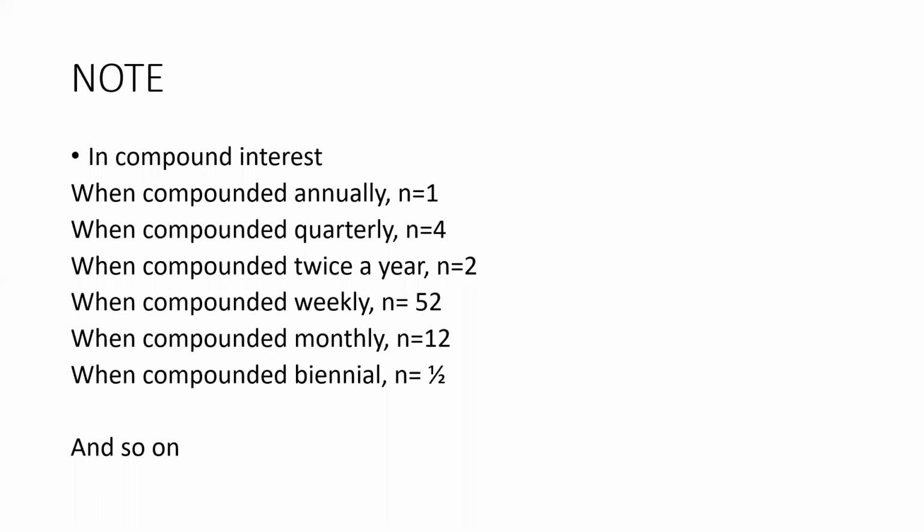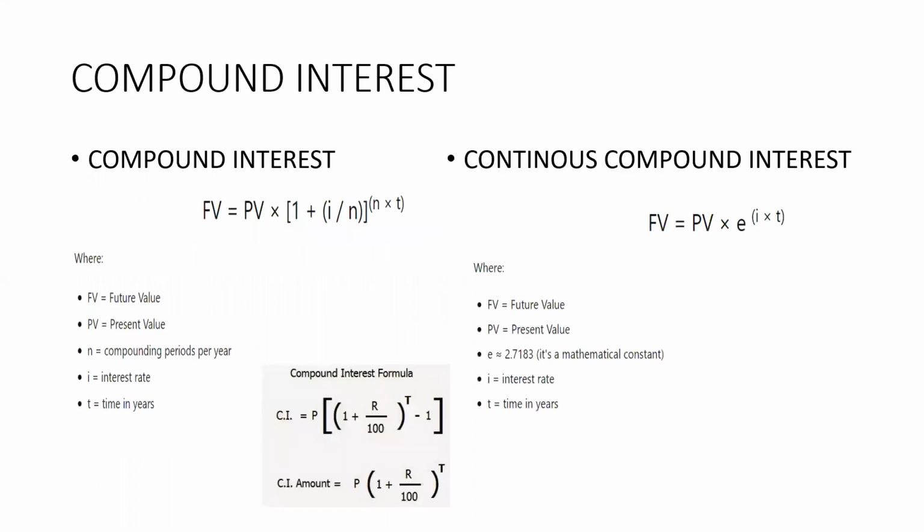But when we start dealing with multiples like biennial, you can see that the n value equals 1/2, because biennial ordinarily means 2 years. So if you are to express a biennial compounding in compound interest, then you need to consider your n value as 1/2.